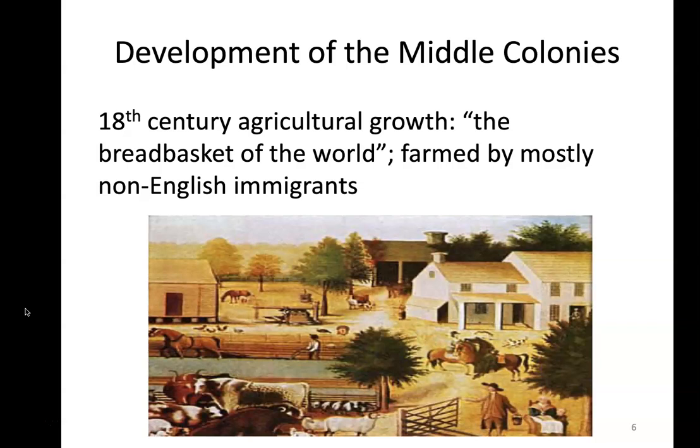In fact, if you just look in the middle colonies alone, let's say between 1700 and 1763, you see the population being almost negligible in the beginning, right? To increasing tenfold, 10 times, right? And again, a lot of that is due to immigration.